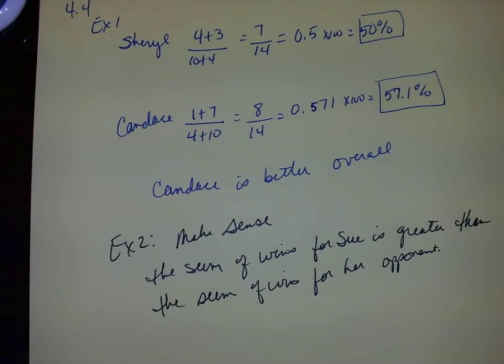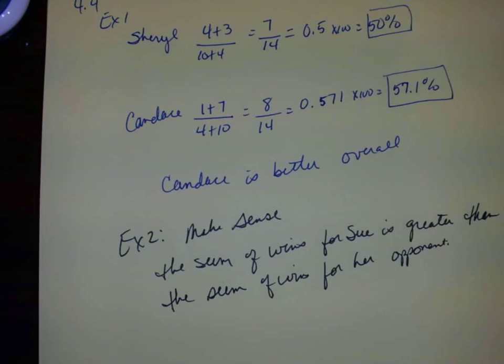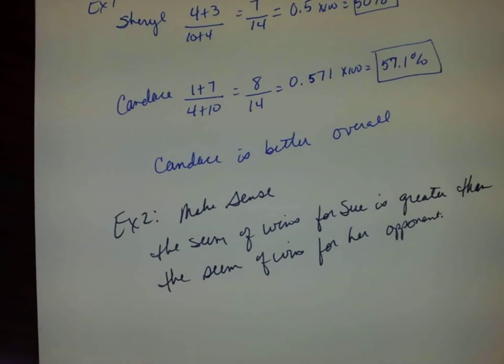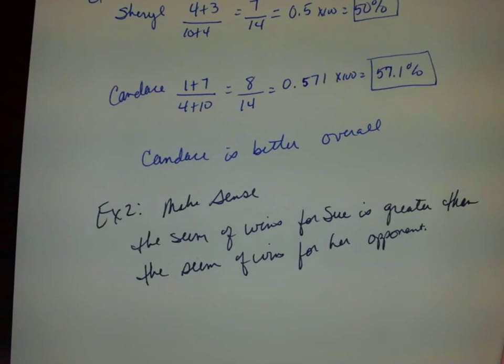Okay? So, because you're already summing them up and you're not just comparing them percentage-wise, it clearly states she won more games than the other person. So it's a sum. It's not the percentage. So that's a little bit of the difference between those.